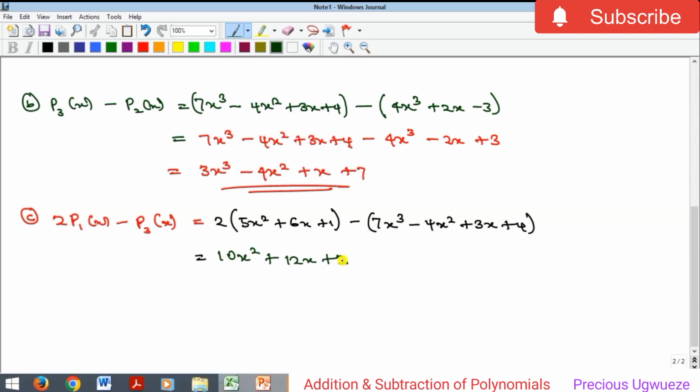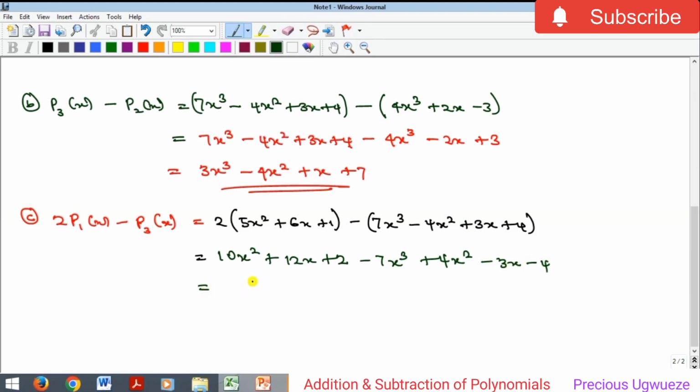And then if I open this one, I'll have minus 7x cubed, then plus 4x squared, then minus 3x, then negative 4, because minus will multiply that plus 4, and that will give me minus 4. Okay, so at this point I can now bring together what I have.